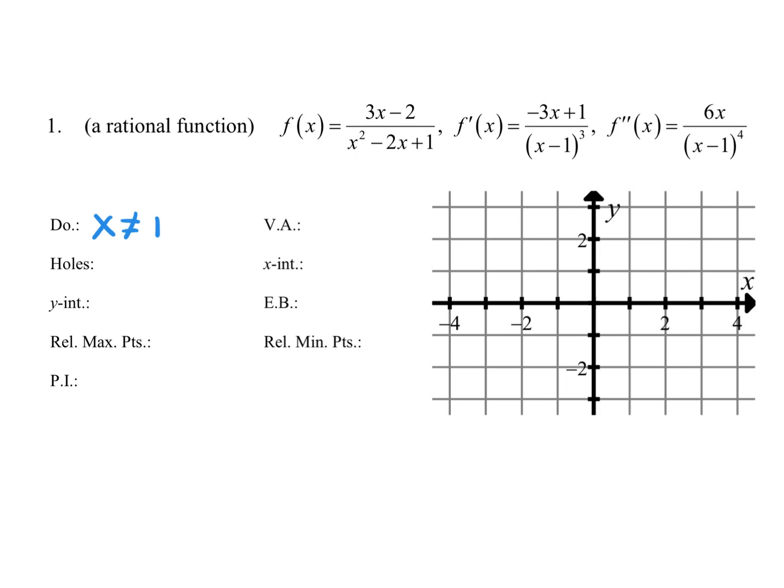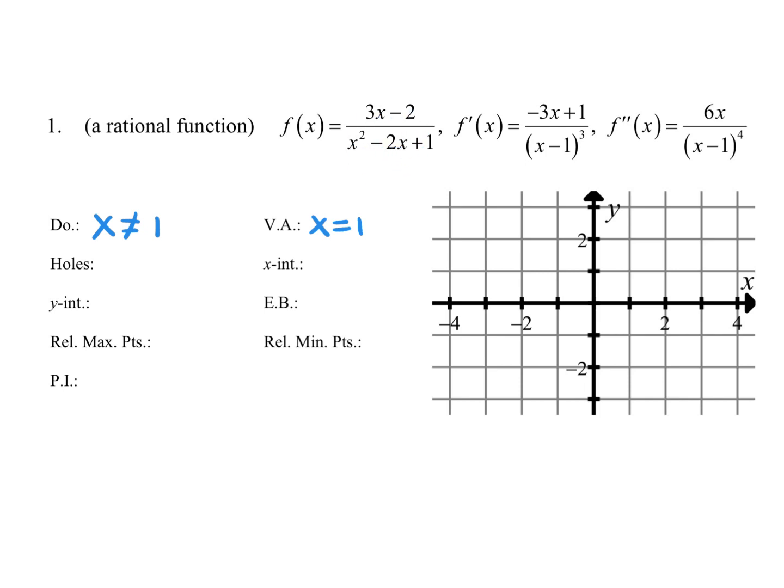All right, vertical asymptotes. The domain restriction and the vertical asymptotes are basically the same thing, right? So I have a vertical asymptote at the line x equals 1. Do I have any holes here? No, because I couldn't reduce it, right? If the x minus 1s on the bottom went away after reducing it, then fine, we'd have to consider a hole.